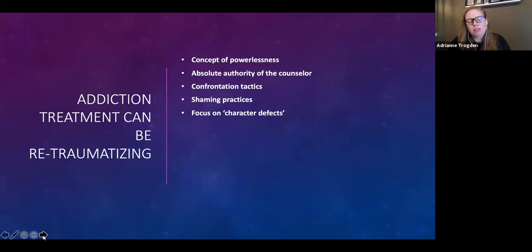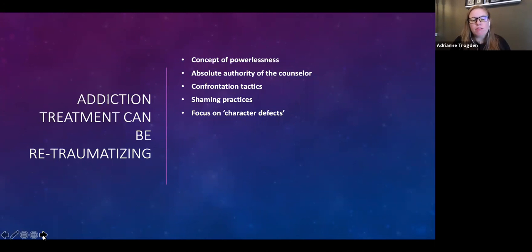The focus on character defects, which again comes from the 12-step fellowship, reinforces that idea that they're defective, that they already have from the trauma they've experienced. Even though the idea of character defects is not inherently wrong or bad, just by the name itself, it reinforces that something is wrong with this person.